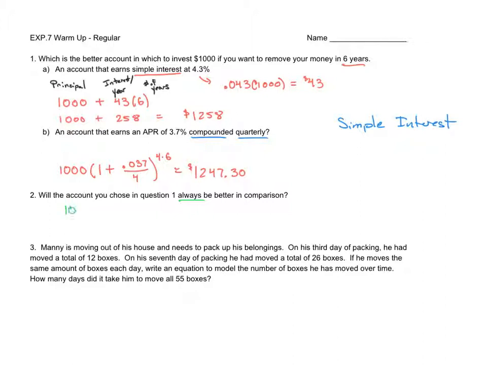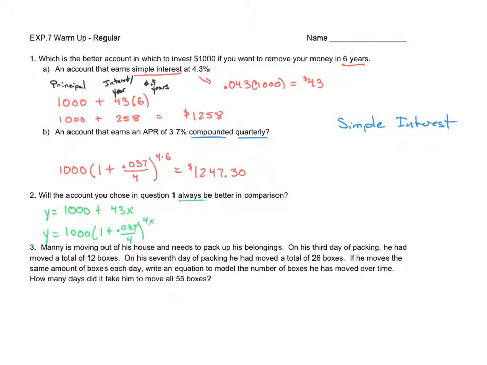So you're going to have $1,000 plus $43 per year times x years, and that would be your equation for simple interest. Another equation would be your $1,000 times 1 plus 0.037 divided by 4, your compound interest. Now 4 is a constant because it's compounded quarterly, but we don't know the number of years, so this equation would have 4x in the exponent.